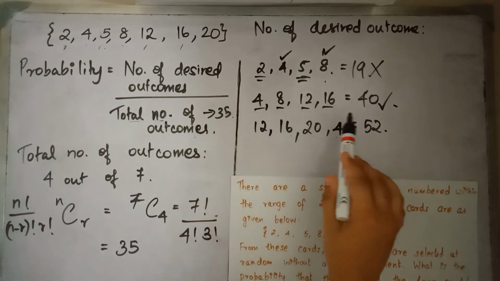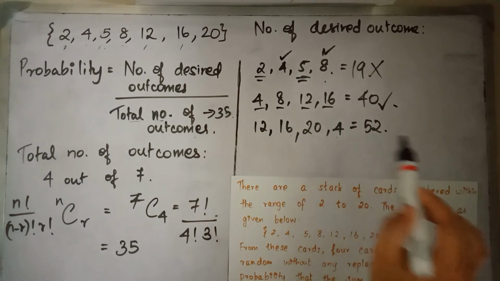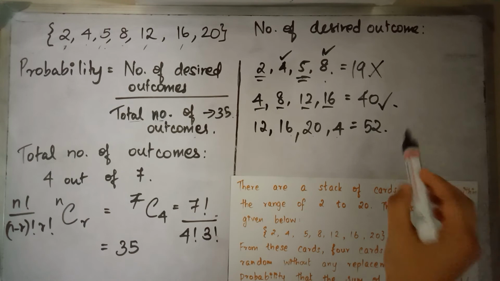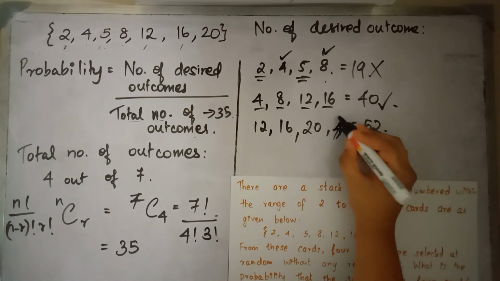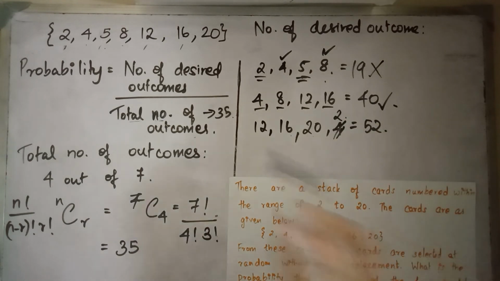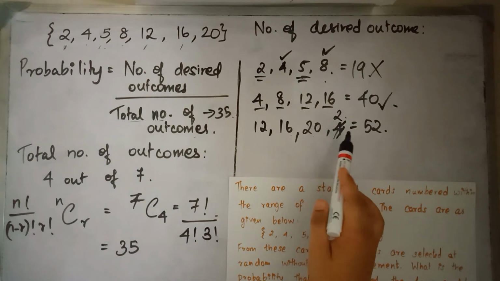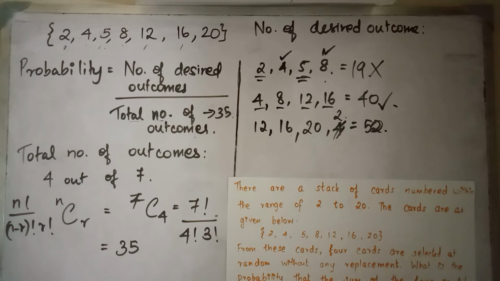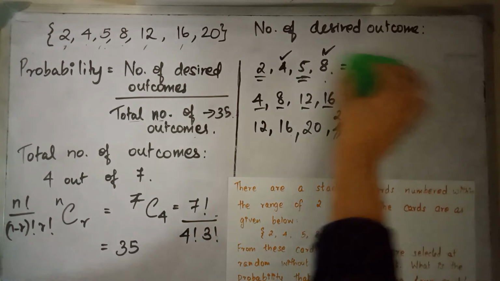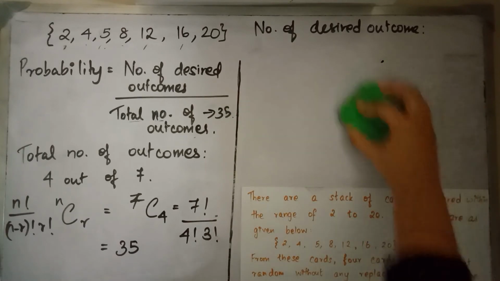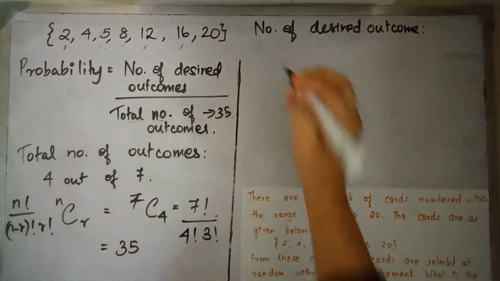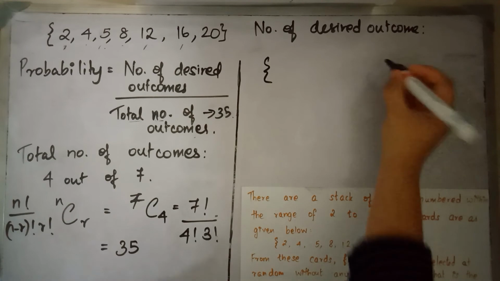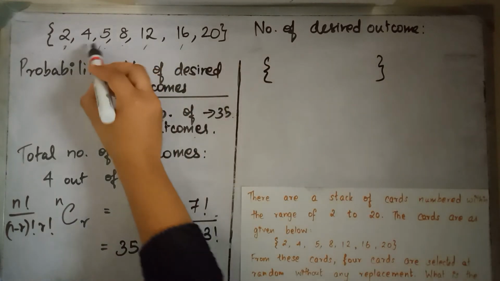If all of the cards are divisible by 4, then it is a desirable outcome. On the other hand, if I had taken 2 instead, 2 is not a multiple of 4, it would have been 50, and 50 is not divisible by 4. It's 12.5. So we realize that the set has to contain cards that are only divisible by 4.